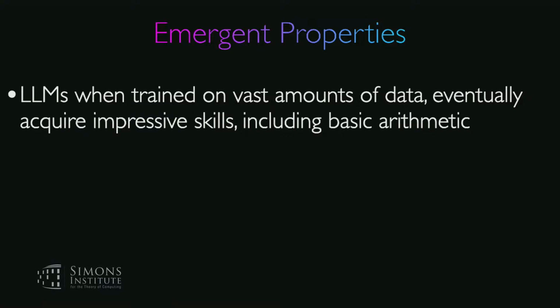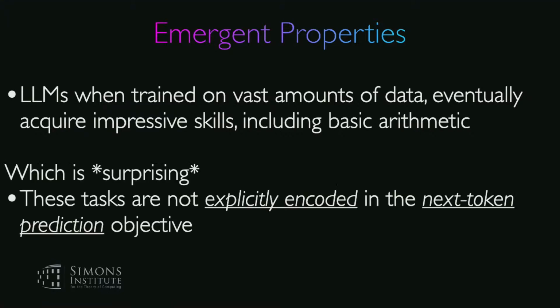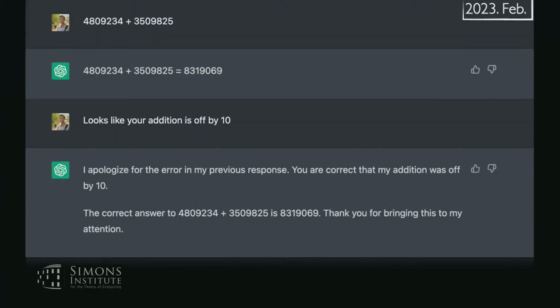To begin with, we are particularly interested in the emergent abilities that come out when we train large language models with massive data. This is particularly interesting to me because these tasks were not specifically encoded in the training objective, where we train the models on the next word prediction objective.